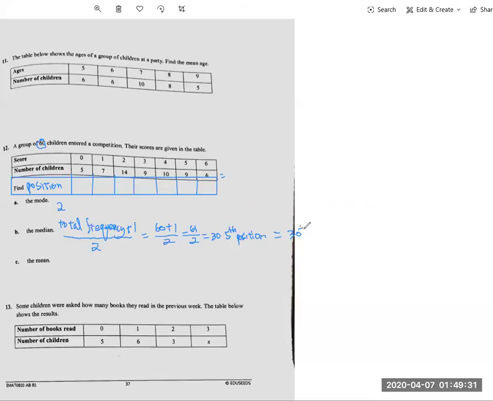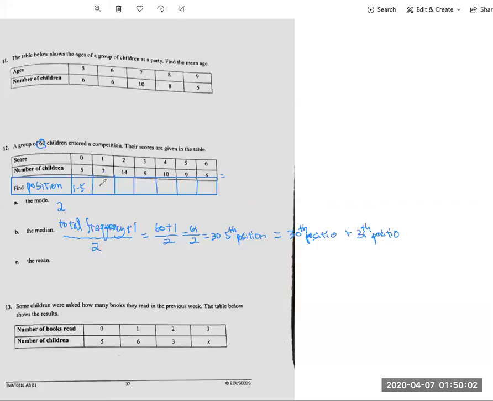Okay. Now, if it is the 30.5 position, then basically you have to look at the value for the 30th position, and then the 31st position. Okay, so we're going to use the third row to determine the 30th and the 31st position. Now we start off with 1 to 5. Then take the 5 plus this 7. Wait, 1 to 5. Why?